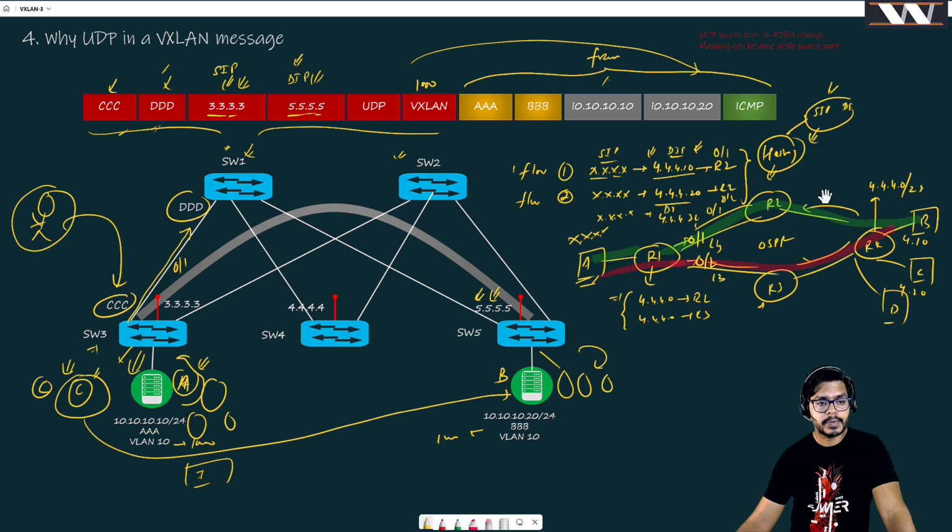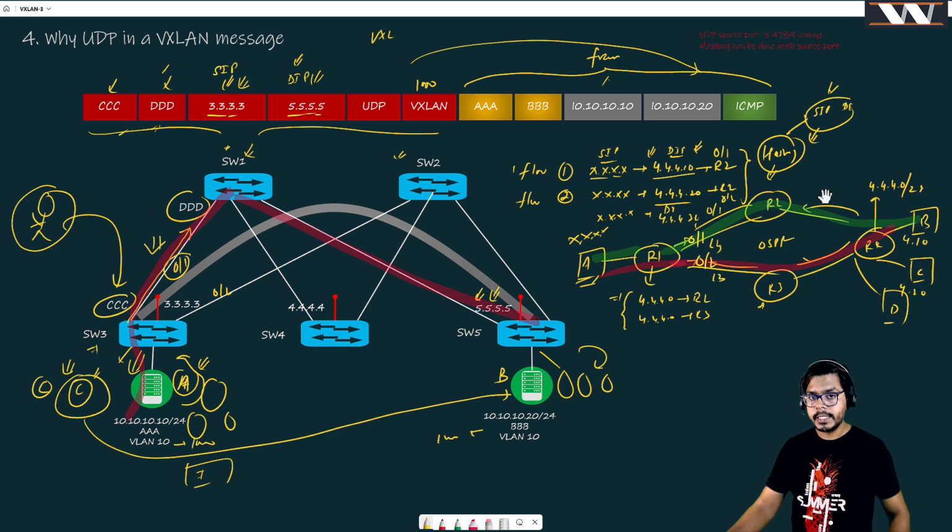Suppose this is 0/1 and this is 0/2, only the 0/1 interface will be used for this packet flow from here to here to here. This was never the intention. We have built this VXLAN so that we can use both of the links, but because hashing is not proper, we always end up using only one interface.